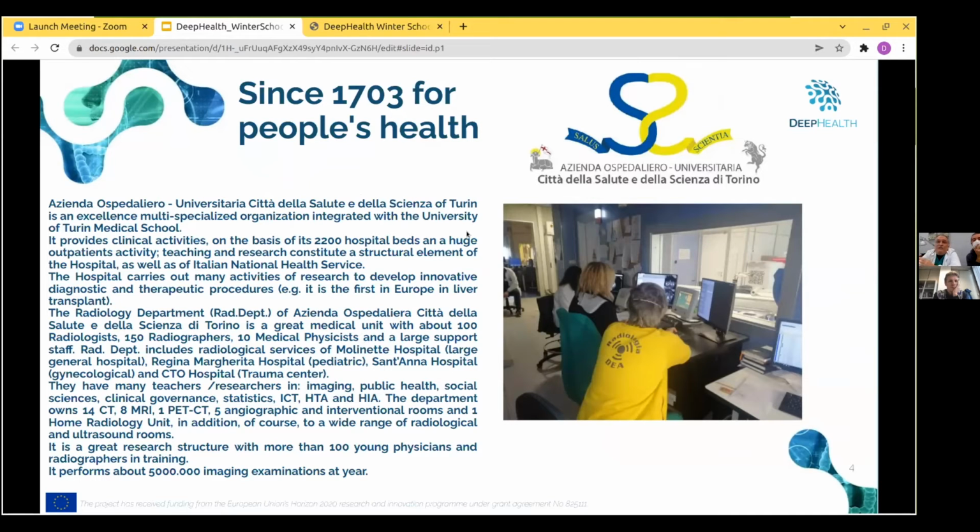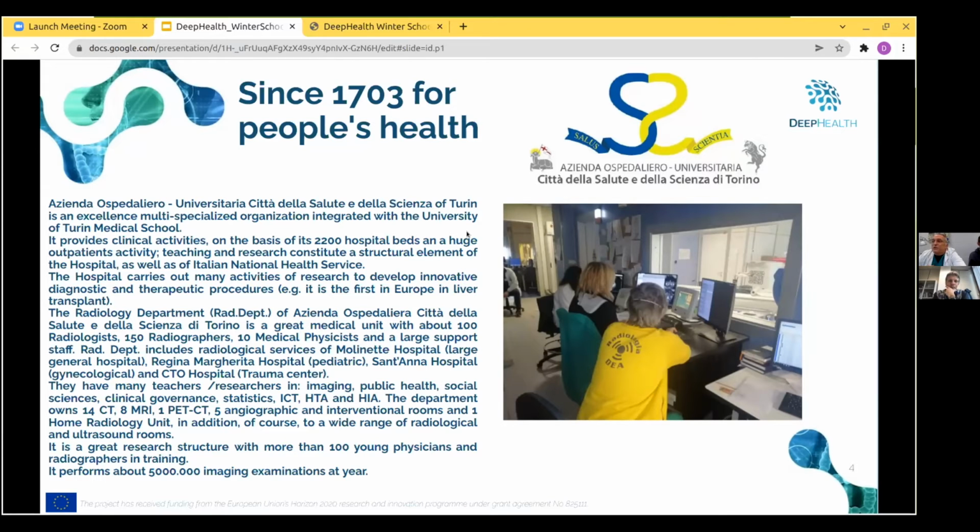They have many teaching and research activities in different fields: imaging, public health, social science, clinical governance, statistics, information communication technology assessment, and health impact assessment. The department has 14 computed tomography scanners, 8 magnetic resonance, and 1 PET CT, 5 angiographic interventional rooms, and 1 radiology unit.